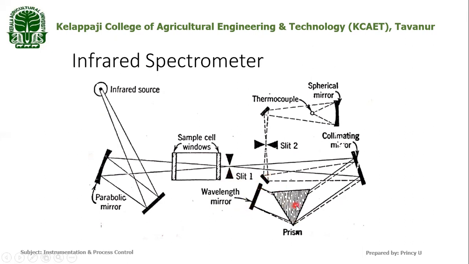It is again reflected to the prism, and the prism again refracts it to this collimating mirror, and this collimating mirror focuses the line beams onto a plane mirror, which, through the angle, will reflect it through slit 2, and the narrow beam will be focused to a thermocouple by using a spherical mirror.